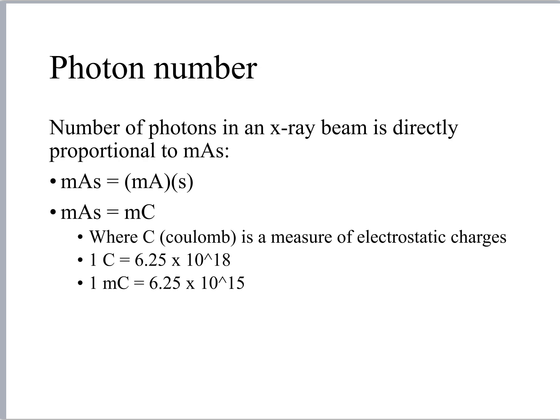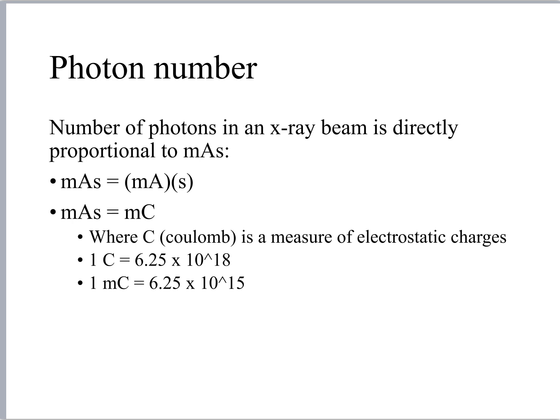Using milliamperage, we're essentially boiling off electrons and saying that that's proportional to photon number. This is grossly simplifying the process, but milliamperes per second in essence translates to millicoulomb. So if we have an mAs, we can figure out about how many coulombs we're talking about.